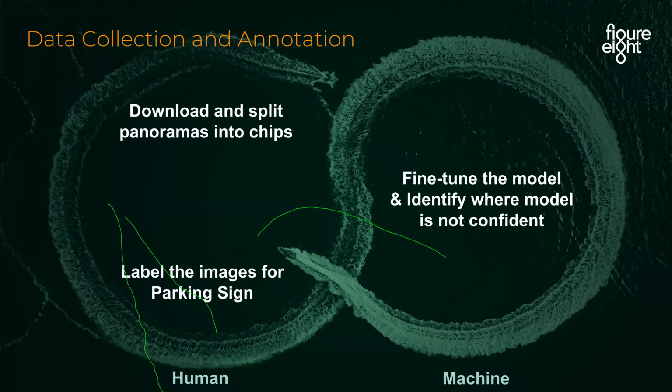Then we build a model, and the model predicts on unseen data where it is confident and where it is not confident. Based on that information, we go again to humans, label the data based on the feedback from the machine learning, and then train the machine learning model again. So this is a loop, two loops together. One is human, the other is machine, trying to optimize the solution.